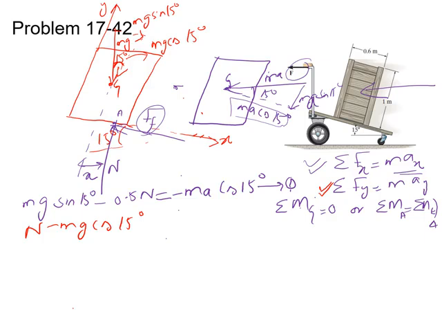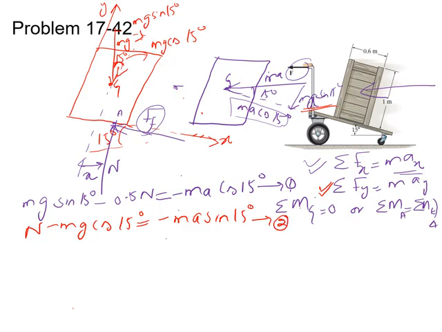These are the two forces acting on this rigid body, and it is equal to minus ma sin 15 degrees, since ma sin 15 degrees also acts in the negative y direction. This is equation 2.